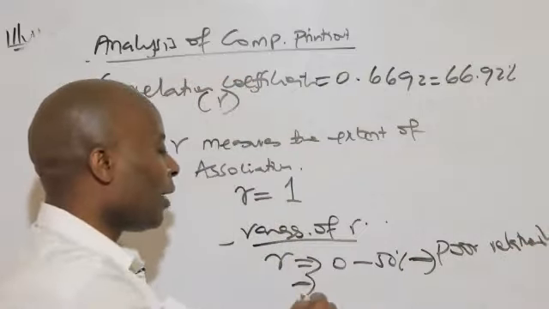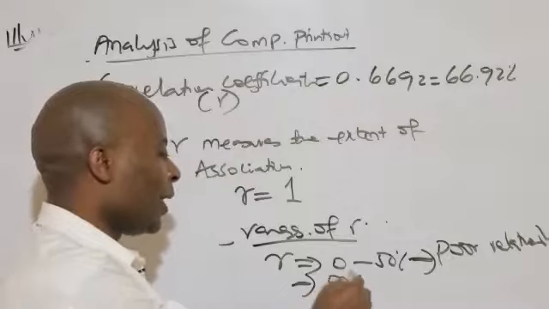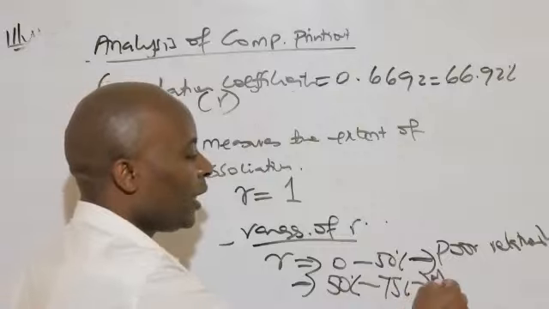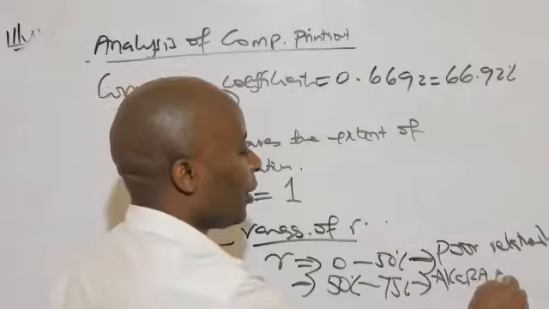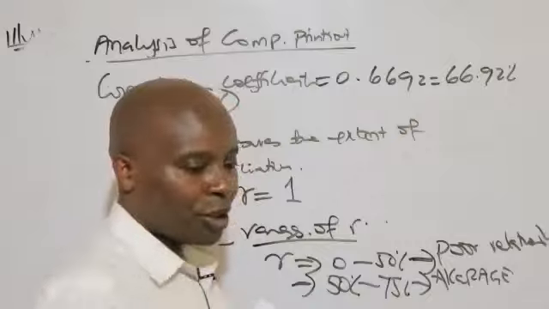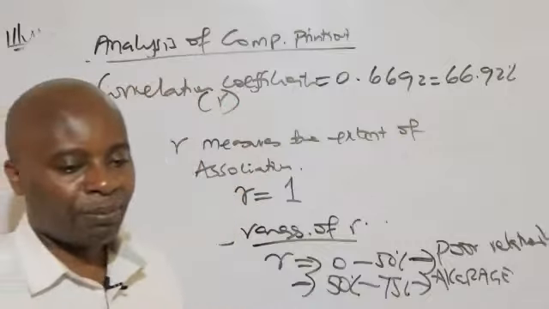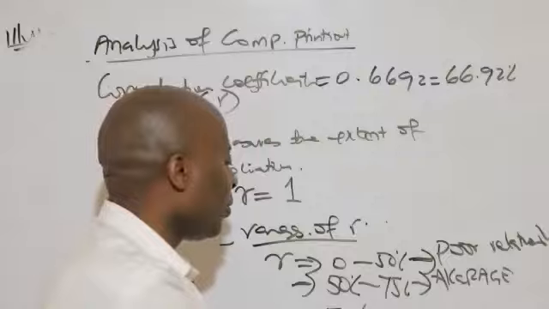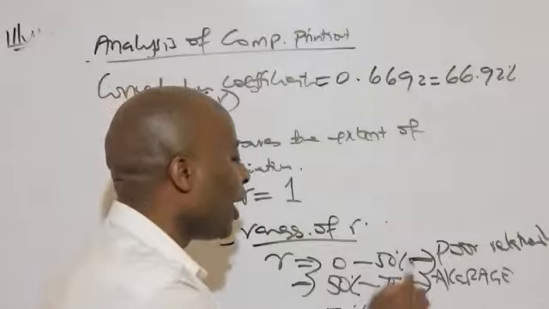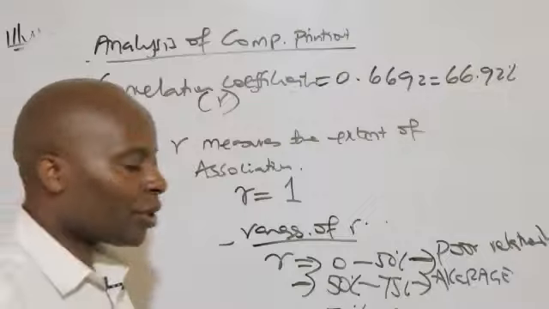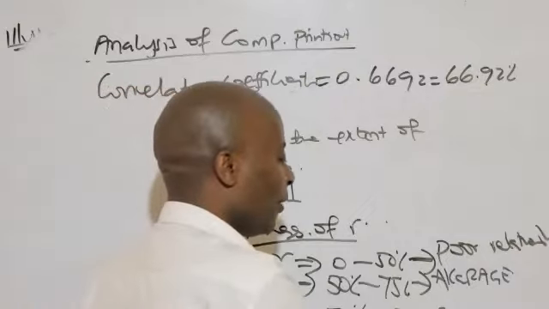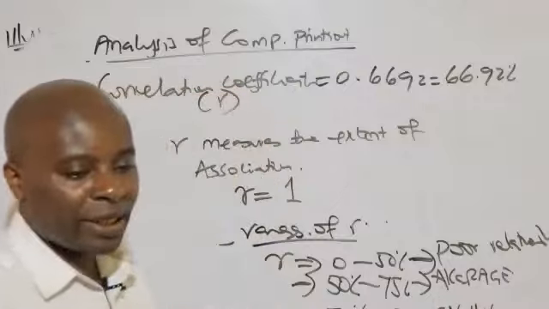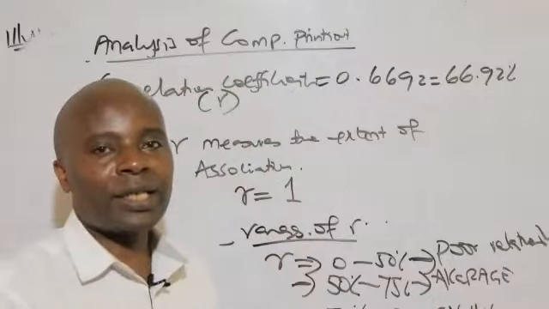Whenever our R falls between 50% all the way, but of course less than 75%, this is basically an average relationship. And anything that is more than 75% all the way up to 100% indicates what here? Excellence. So this automatically will be an excellent relationship.